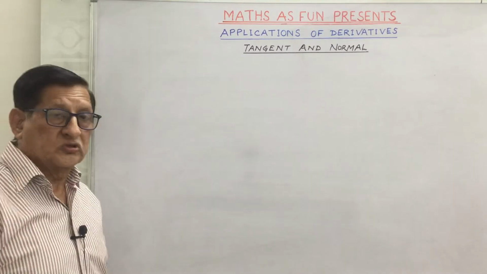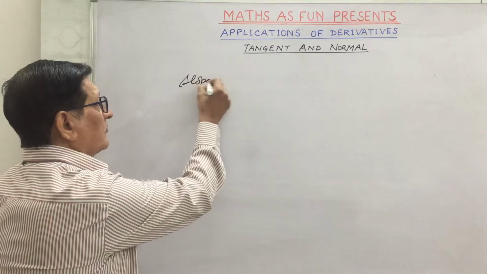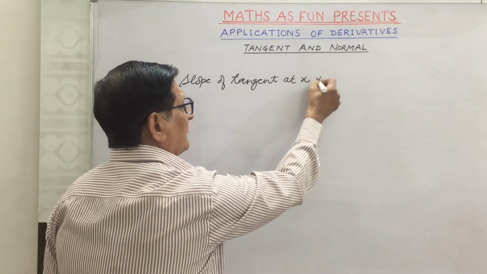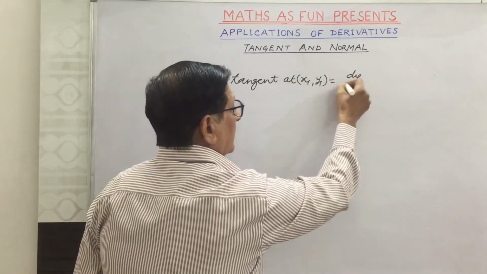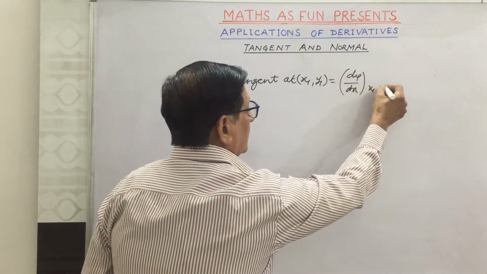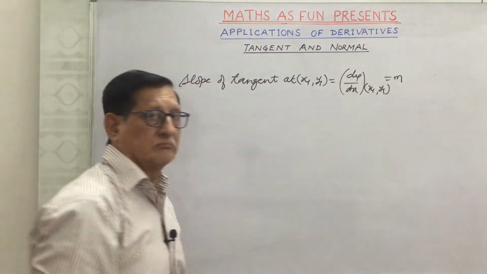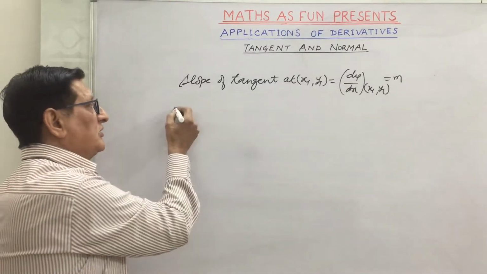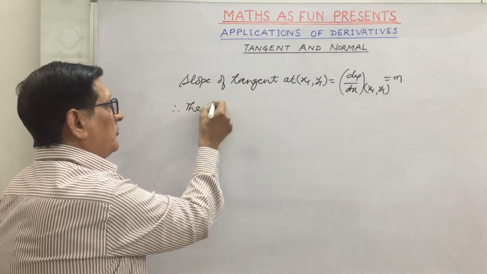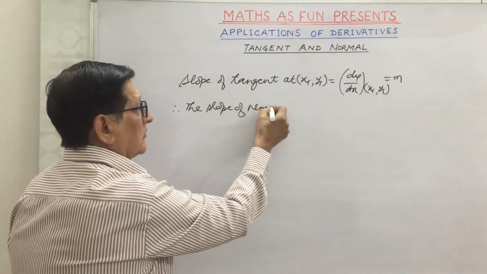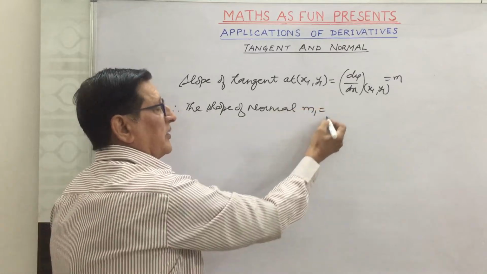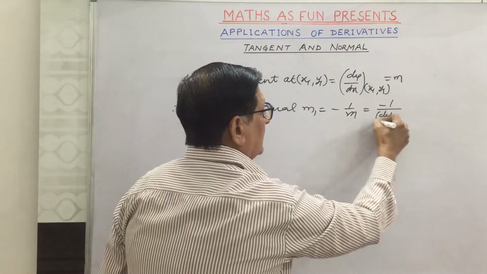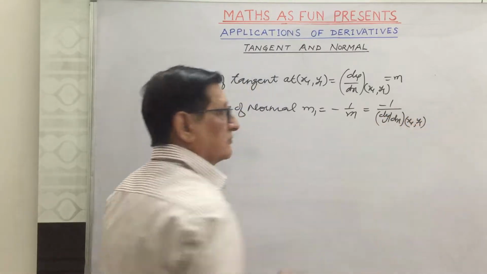So we have learned that slope of tangent at (x1, y1) is given by dy by dx at point (x1, y1), that is m. And we also know that normal is perpendicular to tangent, therefore we can say the slope of normal m1 will be given by minus 1 upon m, that is minus 1 upon dy by dx at point (x1, y1).